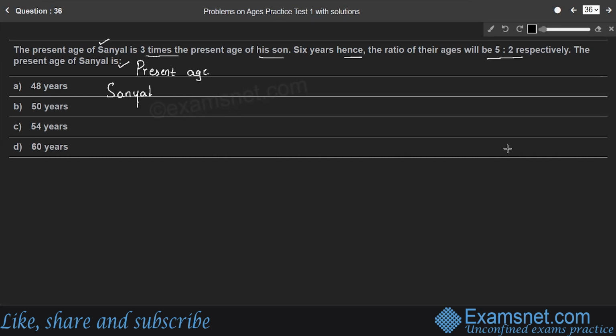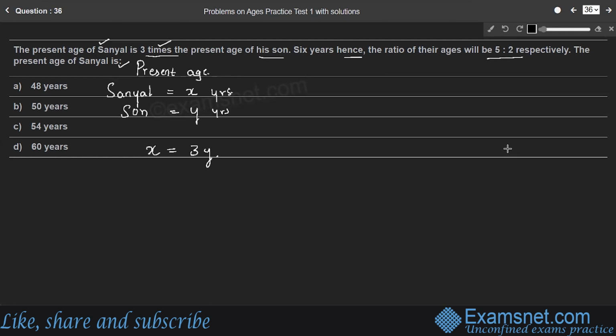It is given that present age of Sanyal is 3 times the present age of his son. So, let X be Sanyal's present age, X years, and his son's age be Y years. It is given that Sanyal's age, X, is equal to 3 times his son's age, or Sanyal's age to his son's age is 3 is to 1.